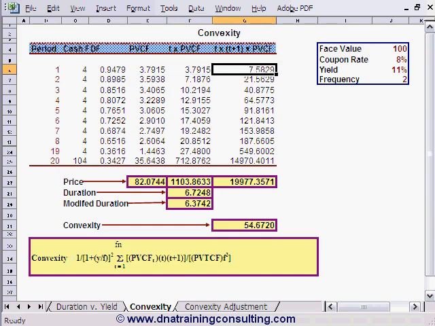Second, when we sum all these terms and obtain the amount shown in the cell G27, we then proceed in G31 to divide the total by the square of the discounting operator 1 plus y over f, hence the cross-reference to D7.